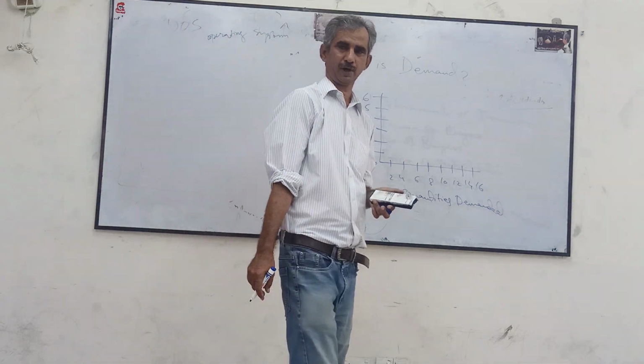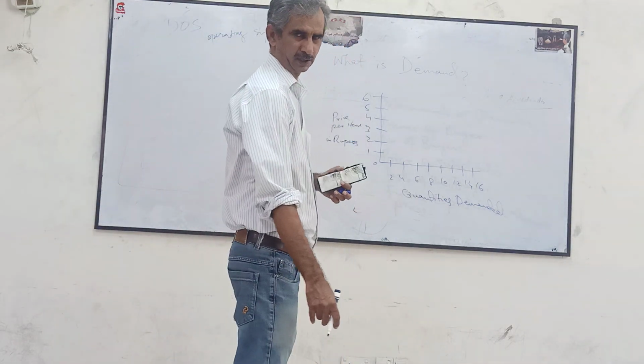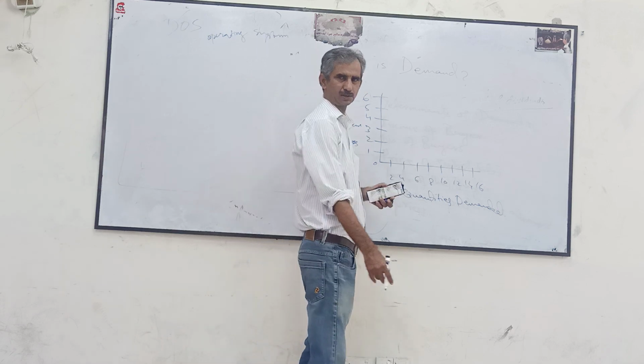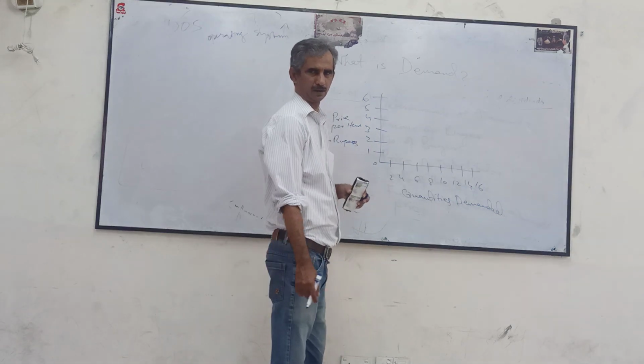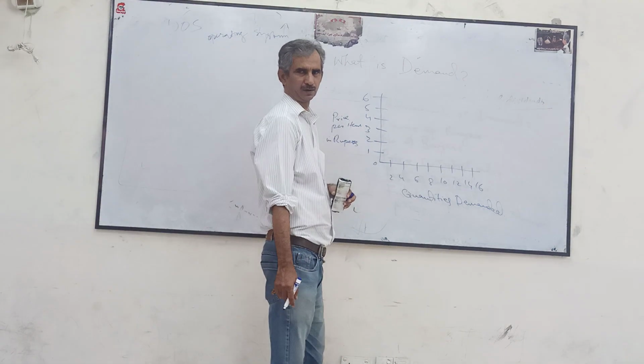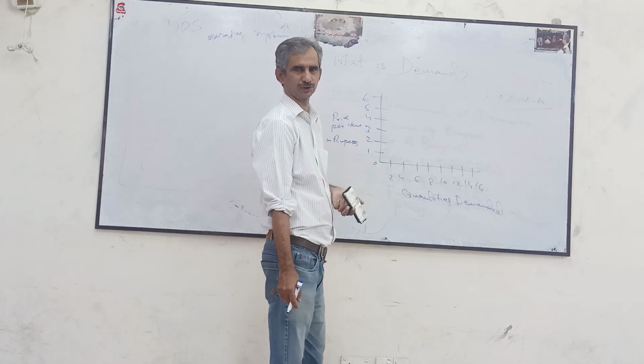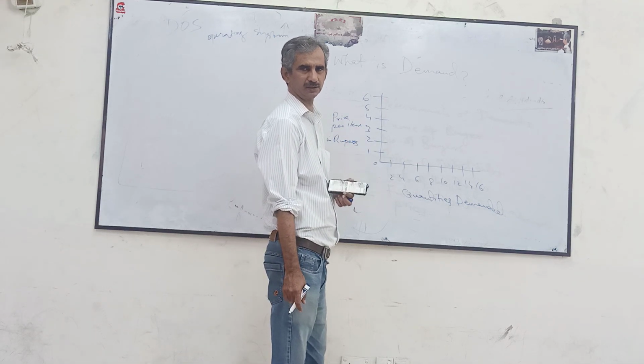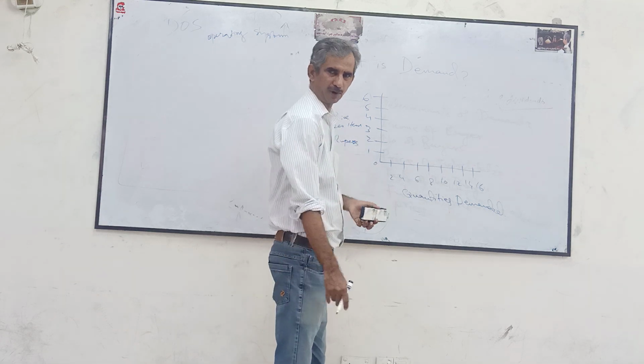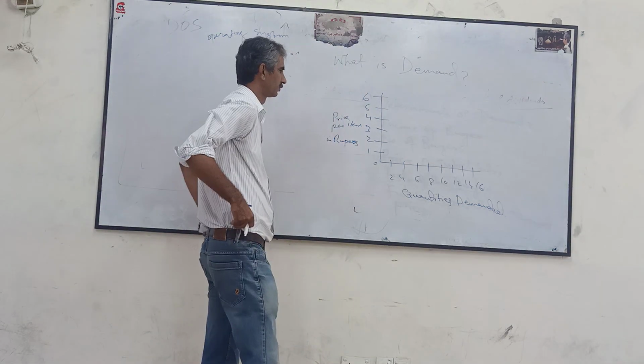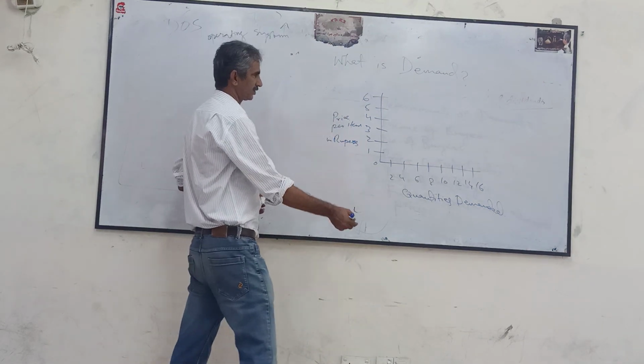So, through this graph, I will try to explain what the effect will be on the quantities demanded, or on the demand line, given the prices, when income or other factors change.